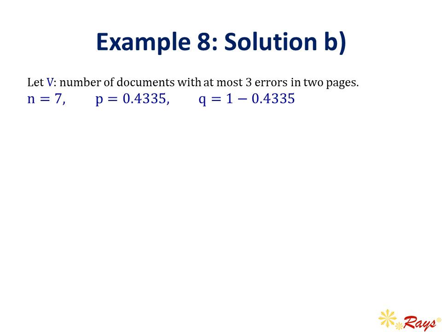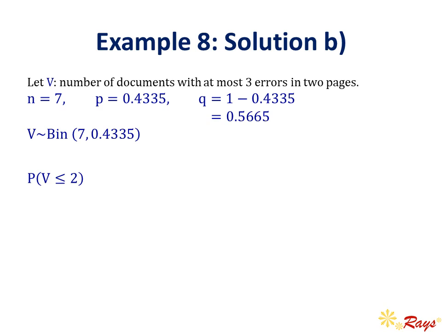Therefore, n is equal to 7, p is 0.4335, which is actually the answer for question A, and q is 1 minus p, so 0.5665. So now we can write V as a binomial distribution with number of trials 7, and the probability of success is 0.4335.